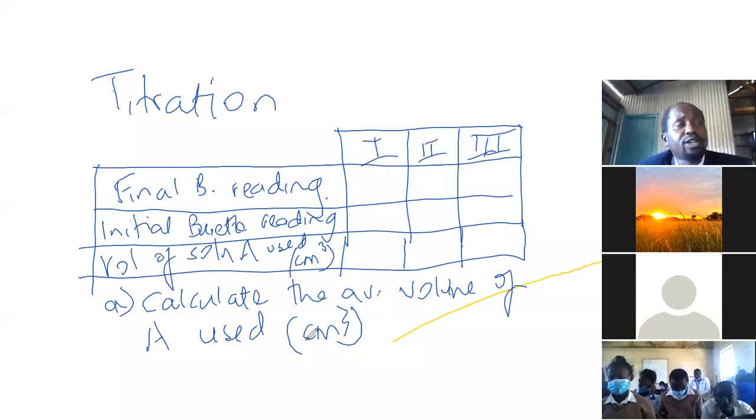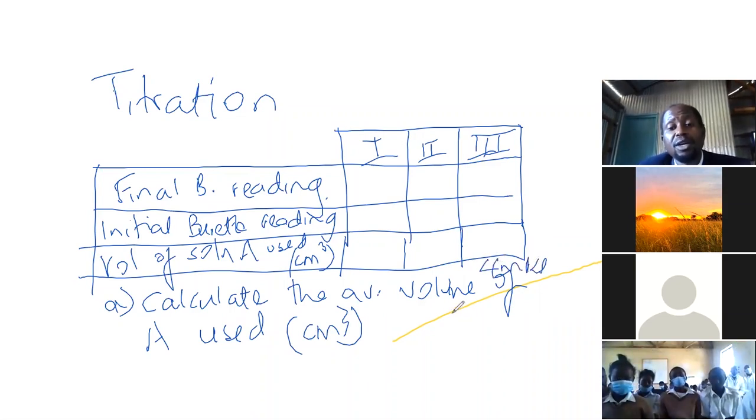You'll be told to calculate the average volume. Now it's important we know how to work smart and always score in this titration table. The table normally has a total of 5 marks, 4 below the table and 1 for the average volume. Total of 5 marks, always.